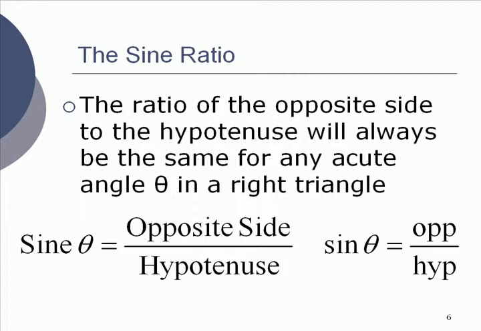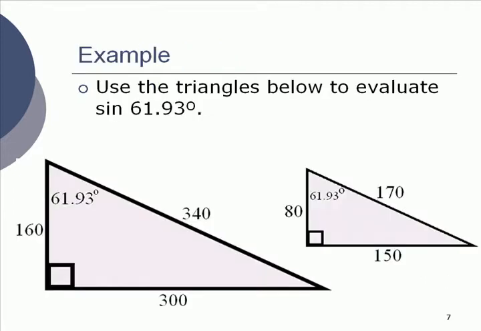Let's do an example. If you have a calculator with you today, take it out. We're going to take a look at two similar triangles, and we want to pay particular attention to the opposite and hypotenuse sides for these two triangles. Here they are. There's our two triangles, same ones that I had up just a minute ago. We want to evaluate what the sine ratio is for 61.93 degrees.